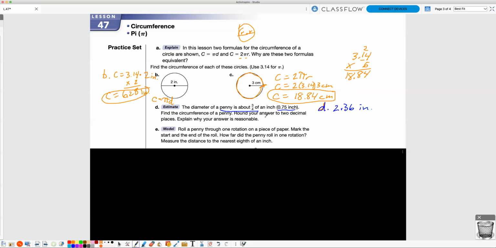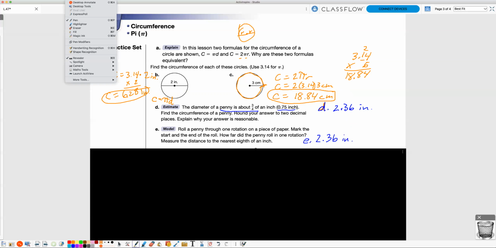For letter E, the circumference is going to be 2 and 36 hundredths inches, so you're also going to roll the penny approximately 2 and 36 hundredths inches.